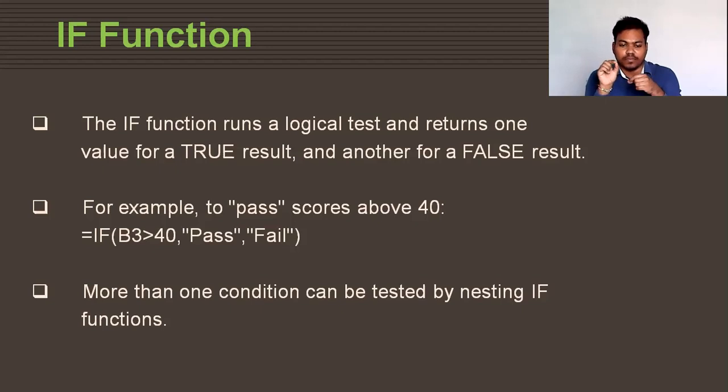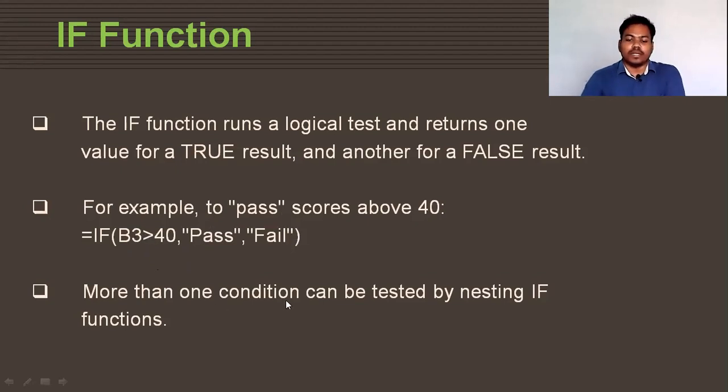We separate them using commas. We open the parentheses, first write the condition and a comma, then what should be displayed if it is true, and if the condition is false, then execute this. Means in case of true, it will display pass, and if this condition is false, then it will display the message fail.